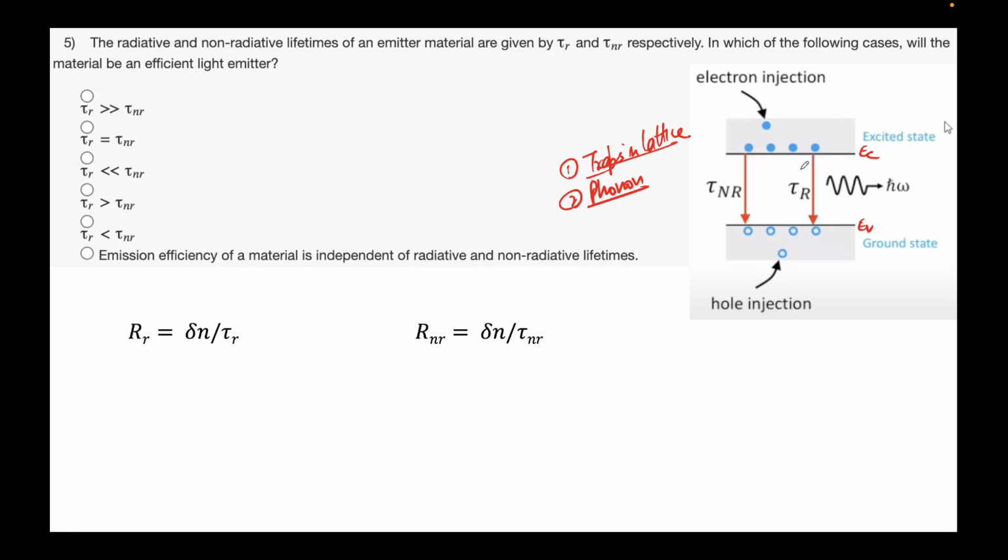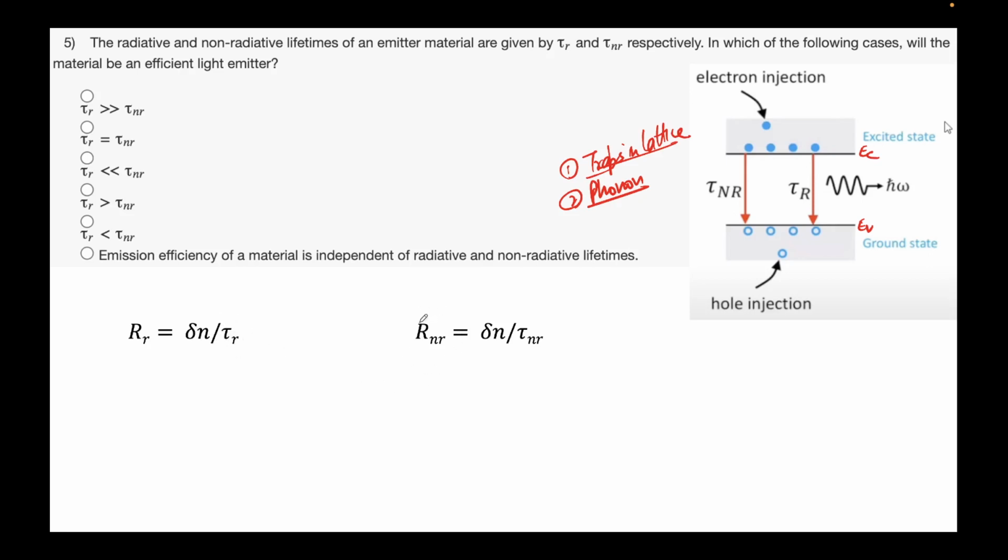This is spontaneous emission, but spontaneous means that it's unassisted, it has no stimulus, but it will take some certain time. Hence the rate will naturally be divided by time: the flux, the amount of electrons that we are providing over the time it takes to recombine radiatively.